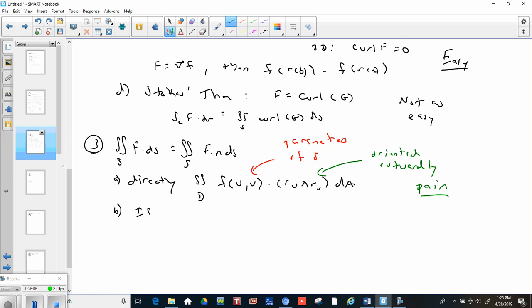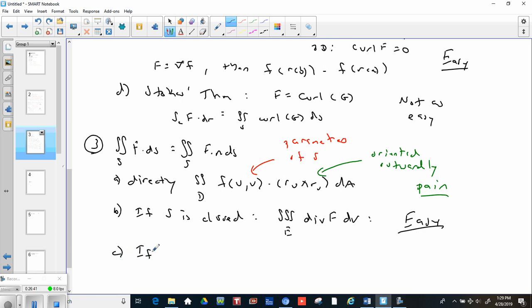If, however, S is closed, this is the nice one, then we can do the triple integral over E of the divergence of F dV. That one is easy, as I'm sure you saw from one of your last homework assignments.